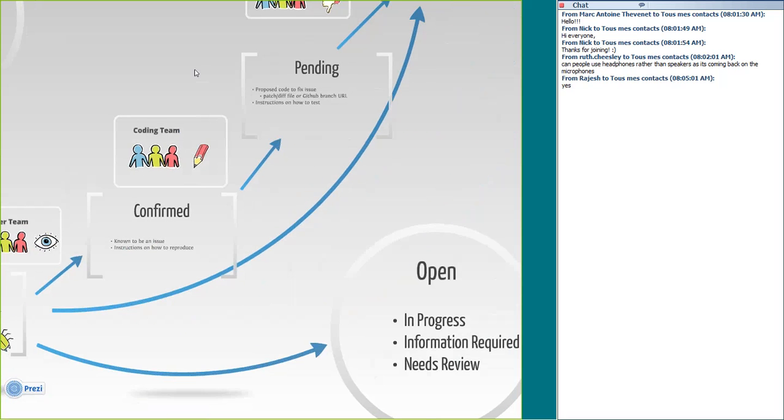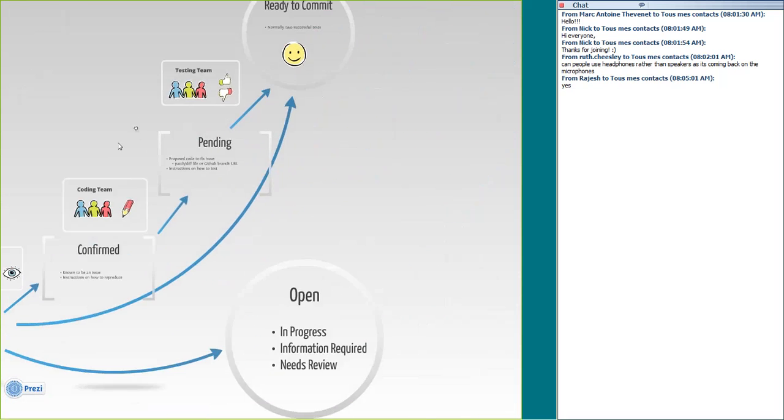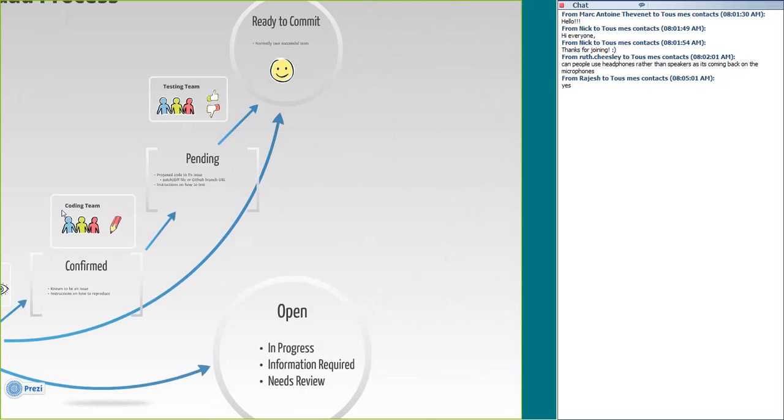Now, obviously, at any point, when somebody starts coding something, they might have questions, or they don't understand, or they have a different opinion about the thing. So in some cases, instead of going from confirmed to pending, it might go back to information required or some other status.